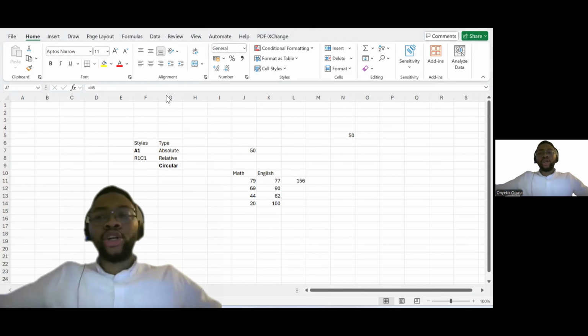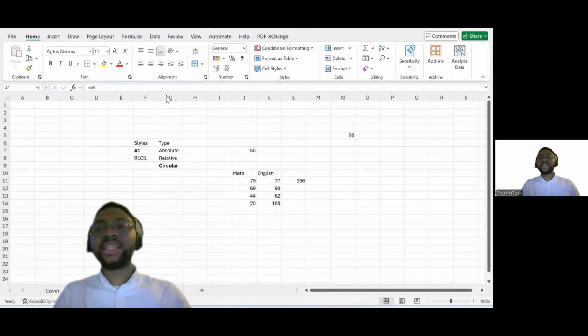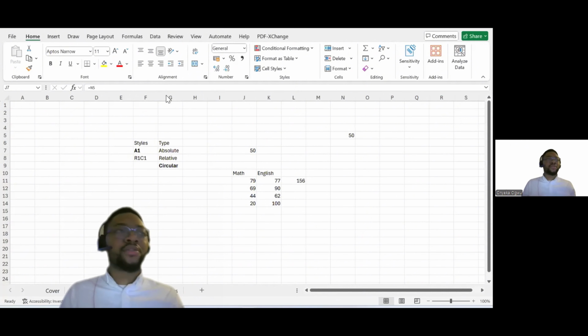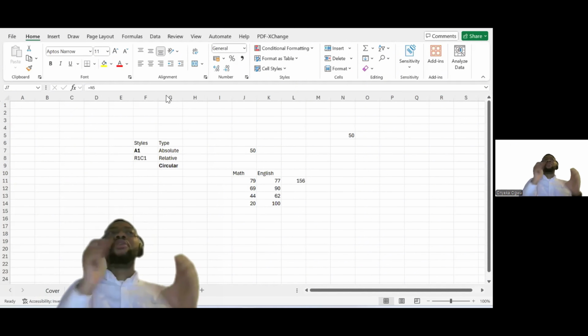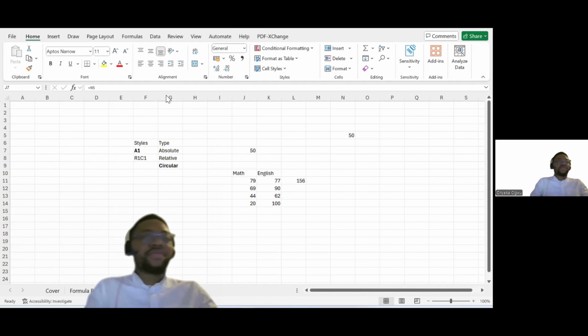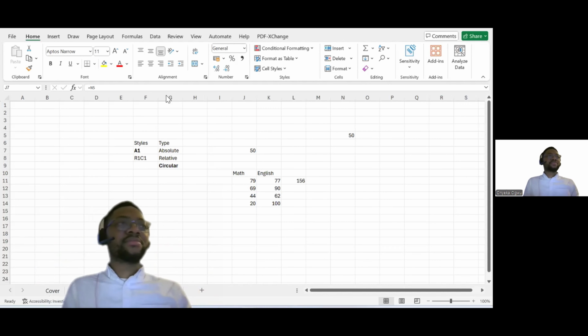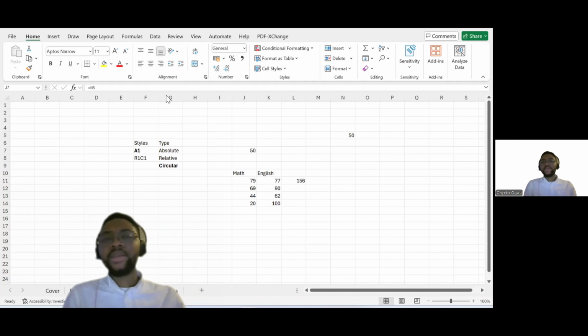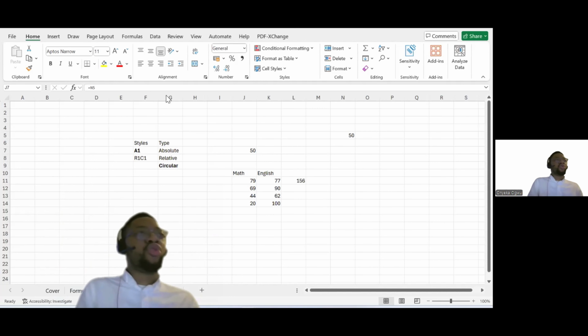Now, using that same logic, for relative reference, are we locking the row, the column, both of them, or none of them? This is just English. If absolute, you are locking both the row and the column. For relative, are we locking the row or the column?